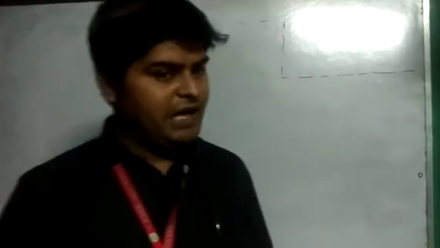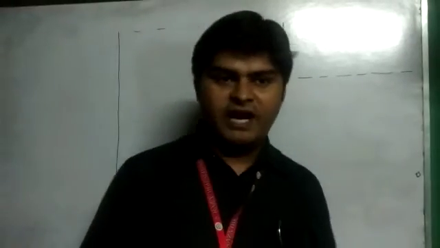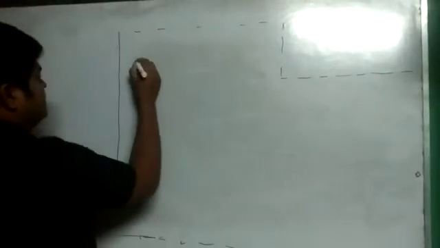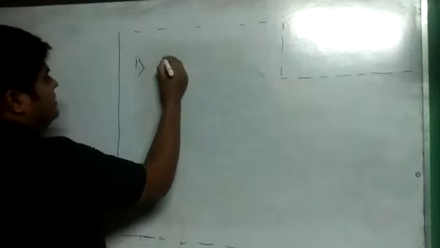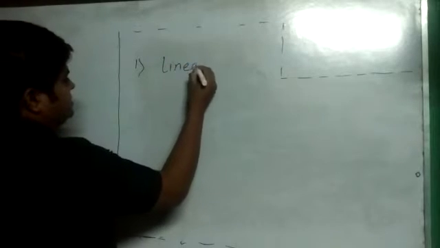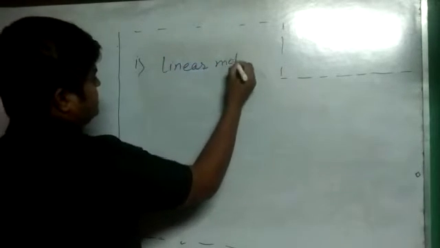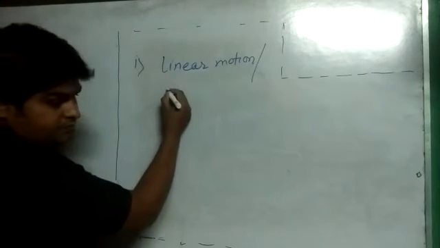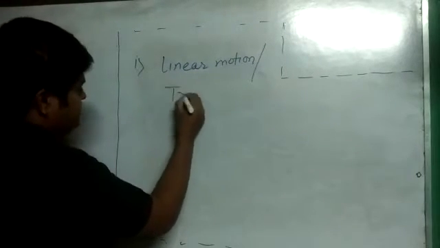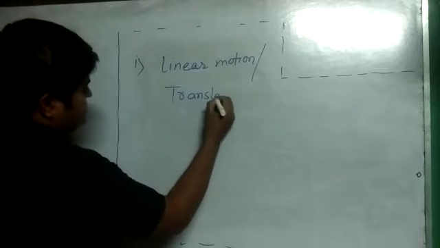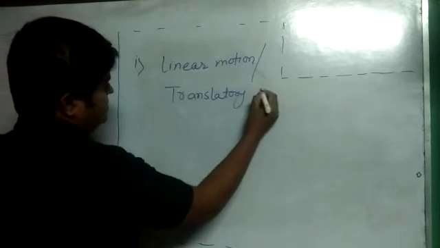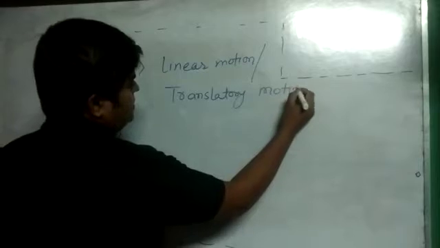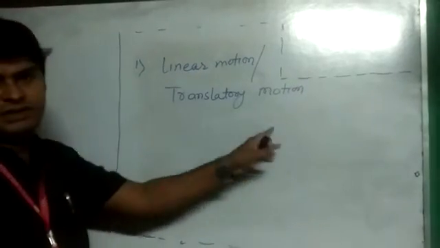Types of motion, how many types? Yes, very good, five types. Linear motion, also called translatory motion.